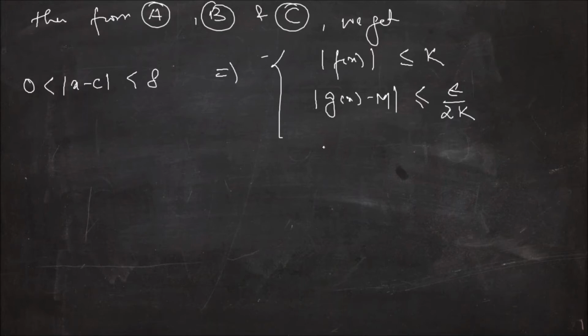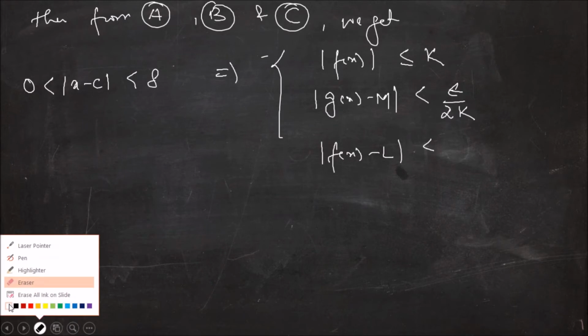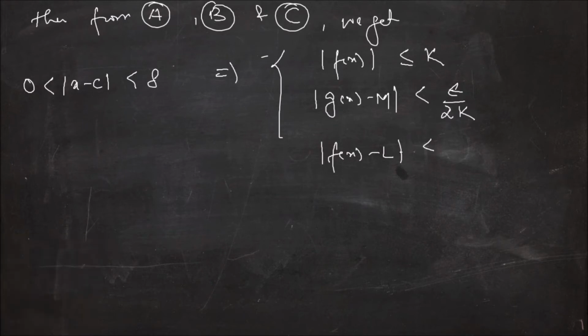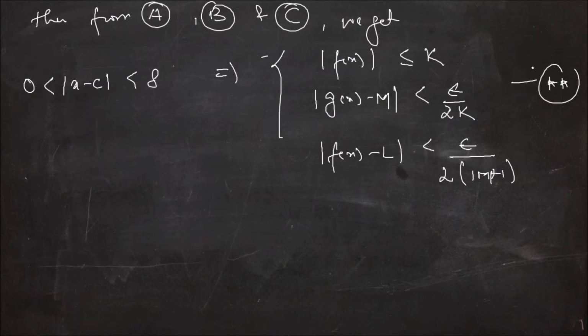And third, mod fx minus L is less than, this is strict, epsilon by 2 into mod m plus 1. Now I will mark this as double star.